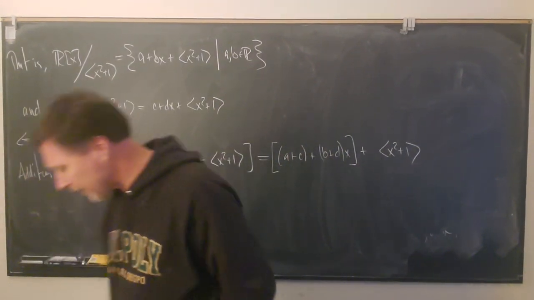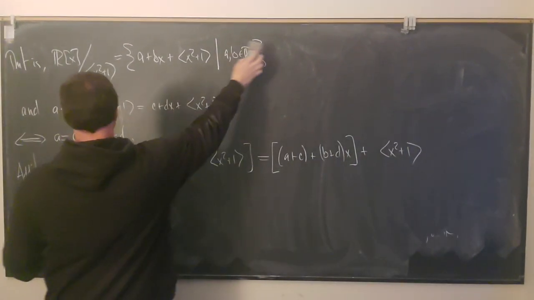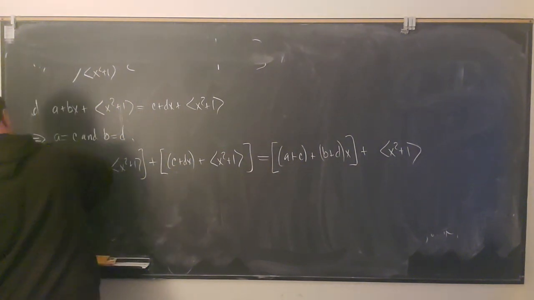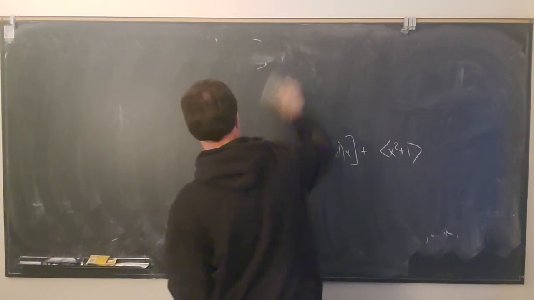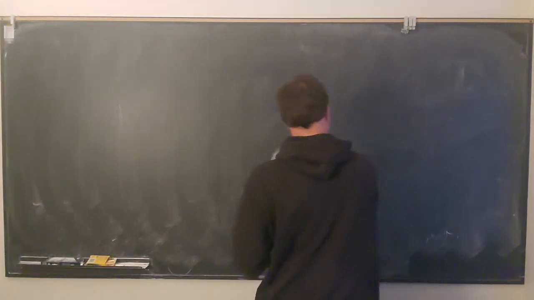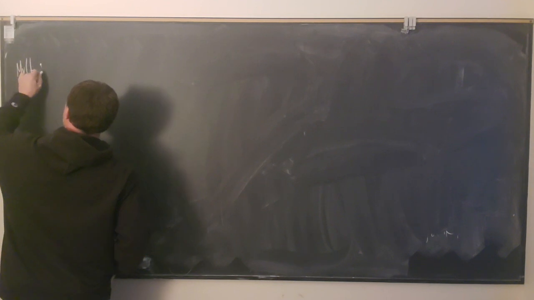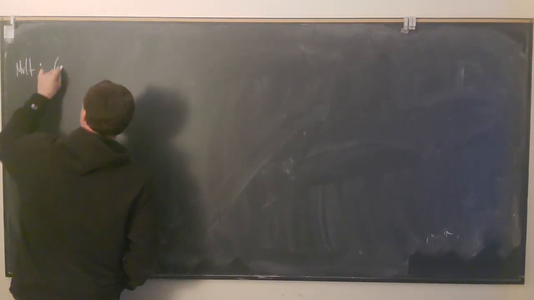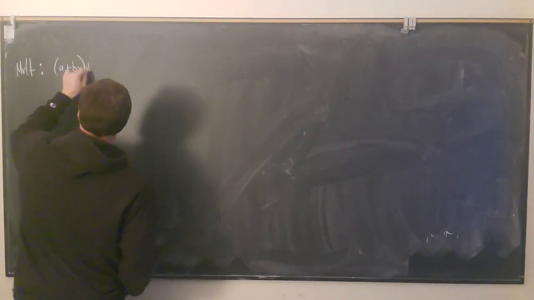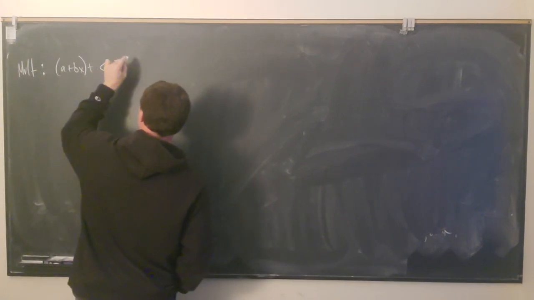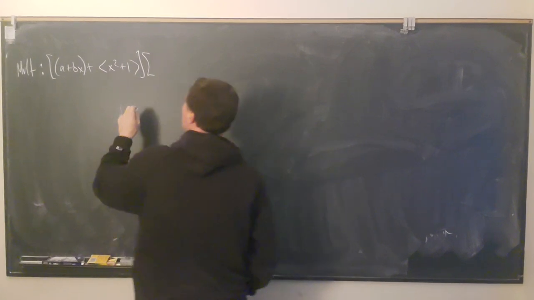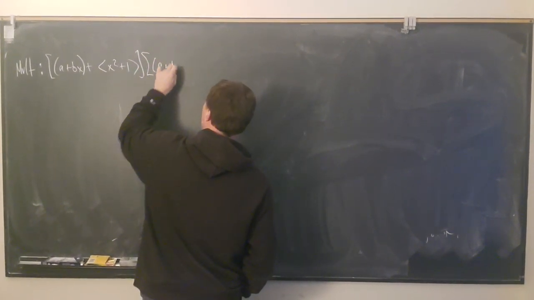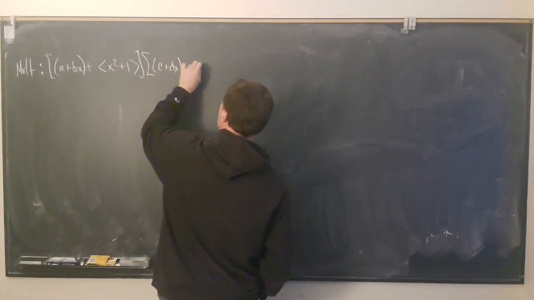So now let's look at multiplication. If I do a plus bx plus the ideal, multiply that by c plus dx plus the ideal.